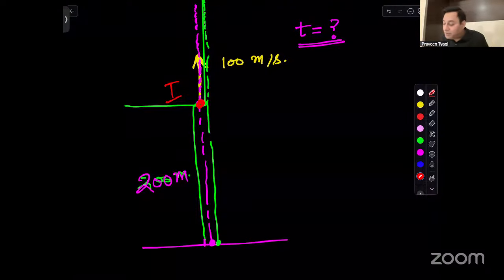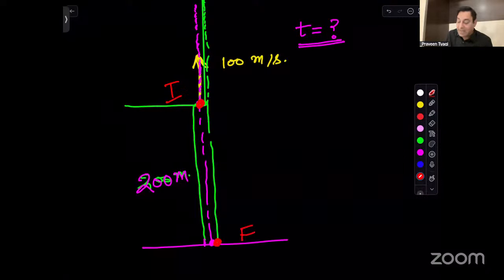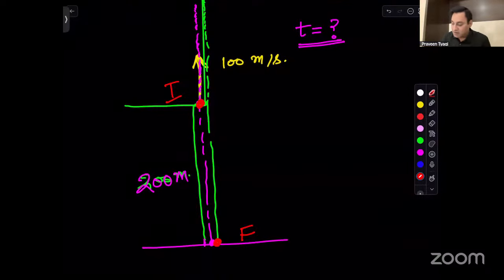Where is the final position? This is the final point. Can anyone tell me what is the displacement of this particle? Who can tell me the displacement? Please answer. Yes, displacement in terms of meters.